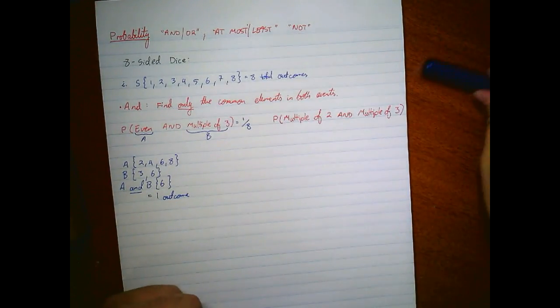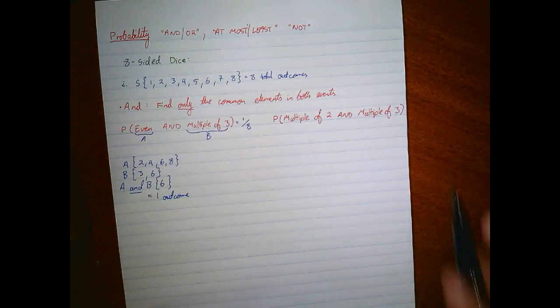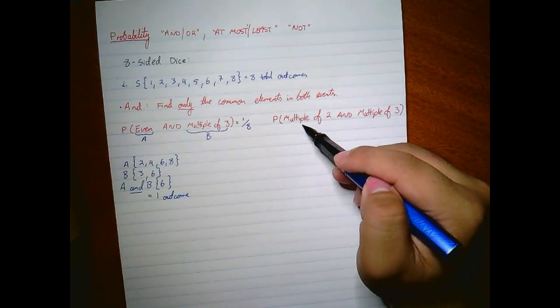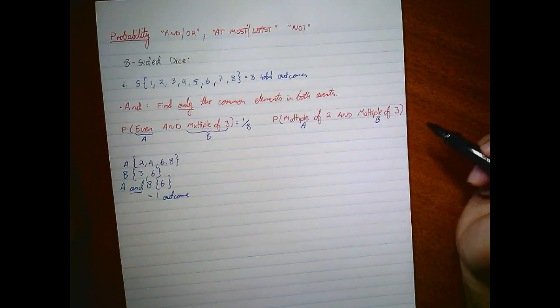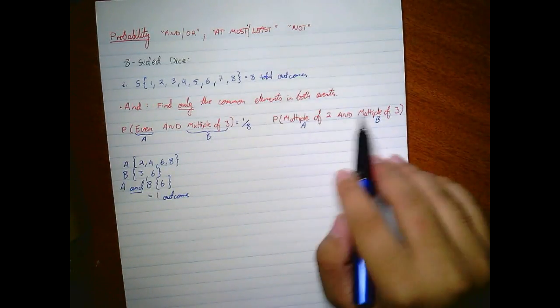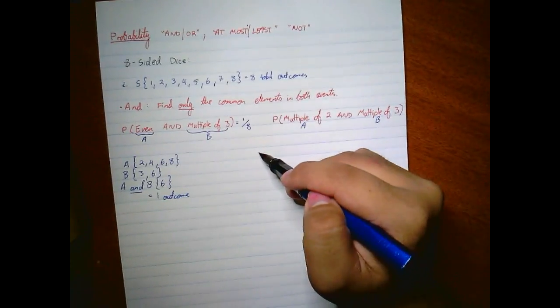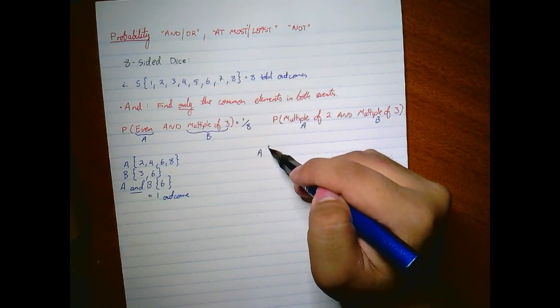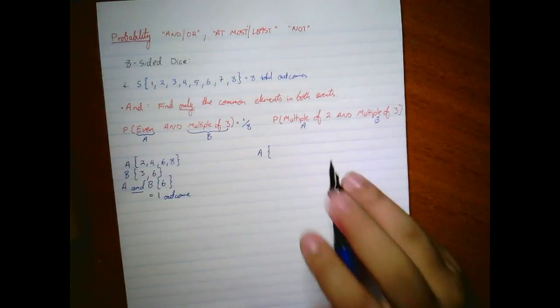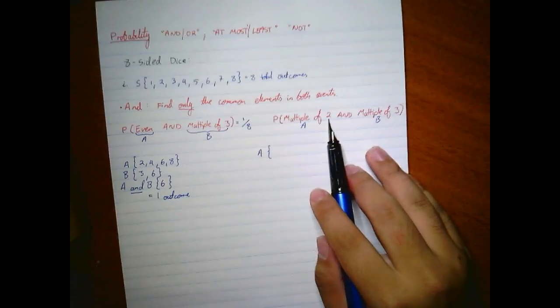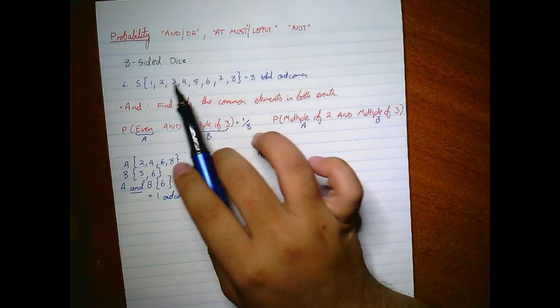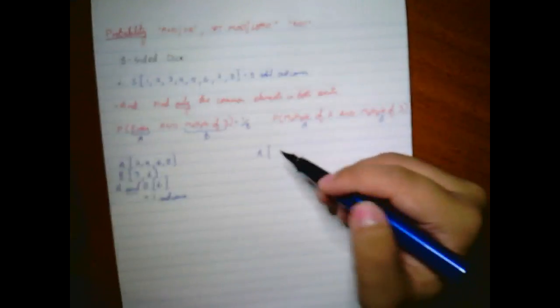So once again, we have 2 groups. We have group A here and group B, or condition A and condition B. So let's start off with condition A. Multiples of 2. Well, then we have 2, 4, 6, and 8.